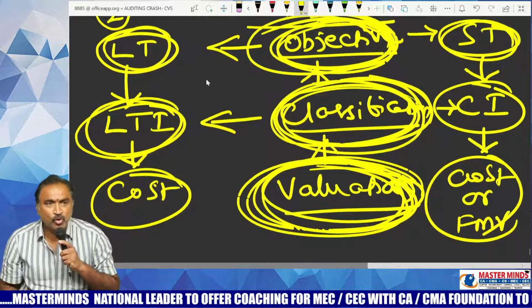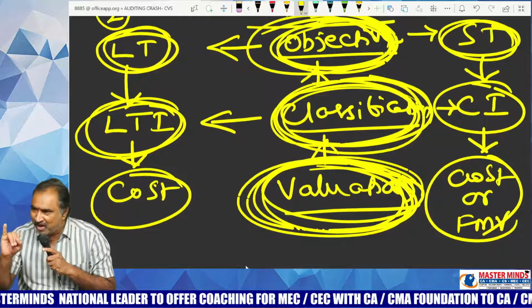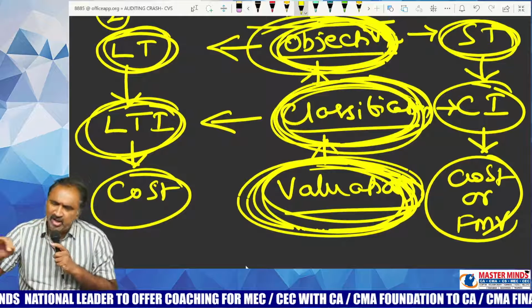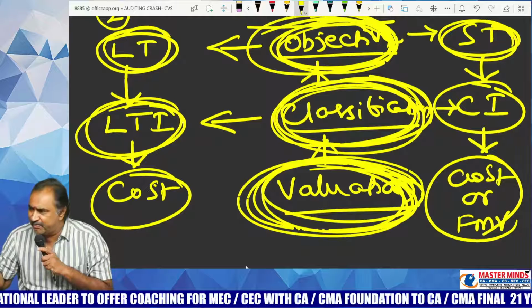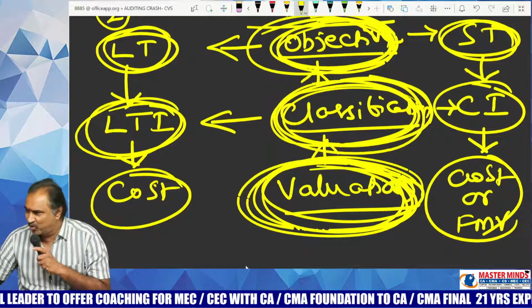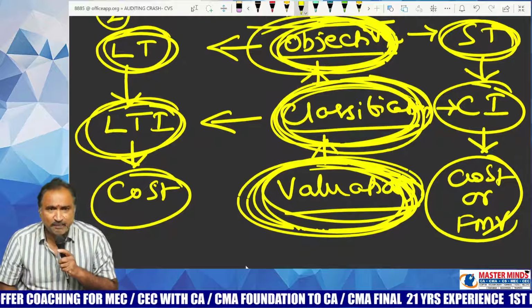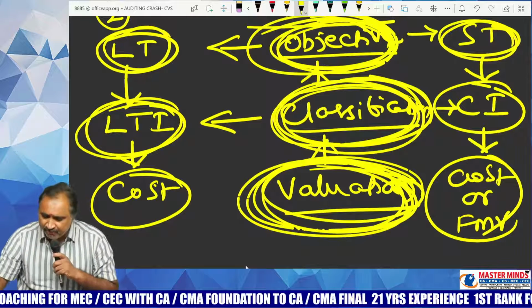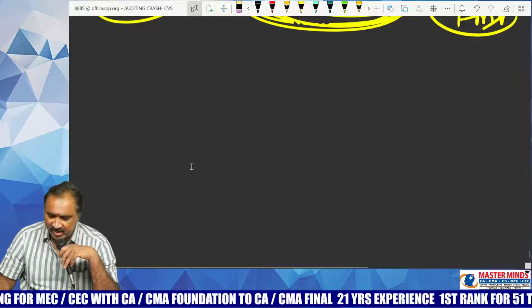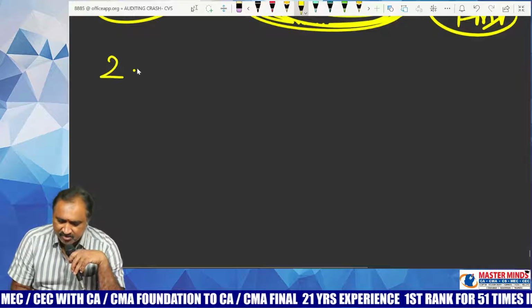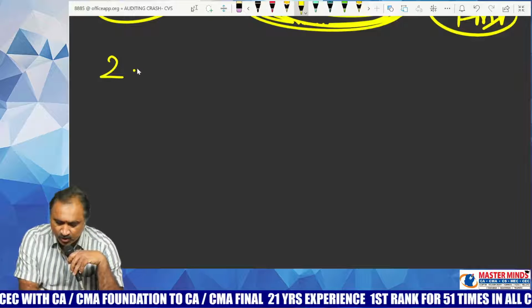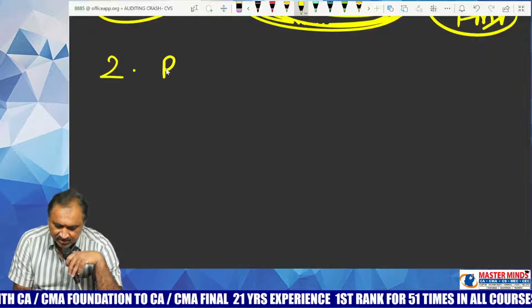Information relating to objective. So when you go for an audit, every book, every related record maintained by the company shall be provided to you. When all the books and other related records are provided by the company to the auditor, why? The Companies Act has given second right to the auditor. The second right given by the Companies Act to the auditor is like this.